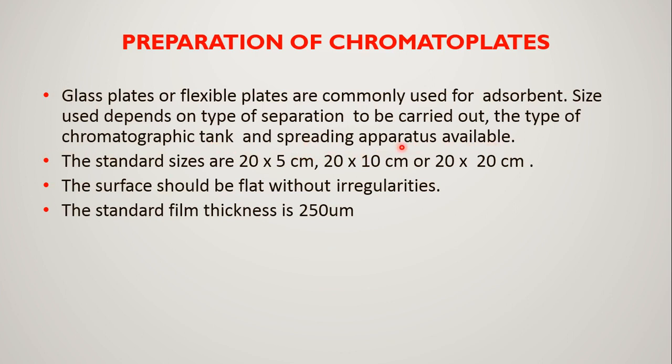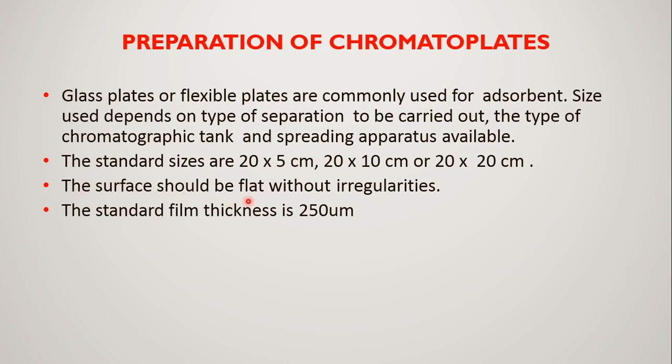The spreading apparatus spreads the stationary phase slurry over the substrates. The standard sizes are 20 by 5 centimeter, 20 by 10 centimeter, or 20 by 20 centimeter. So if we want to use a 20 by 5 centimeter plate, then we have to cut the flexible plates, glass plates or aluminum foil plates to this specific dimension.